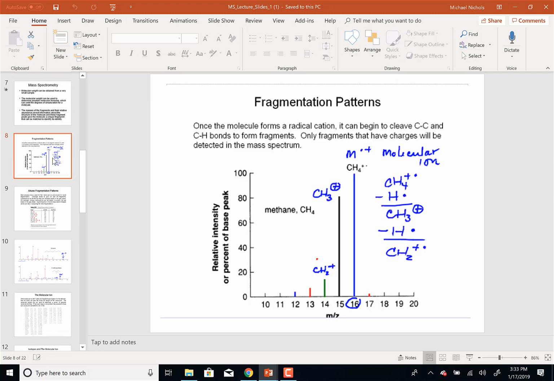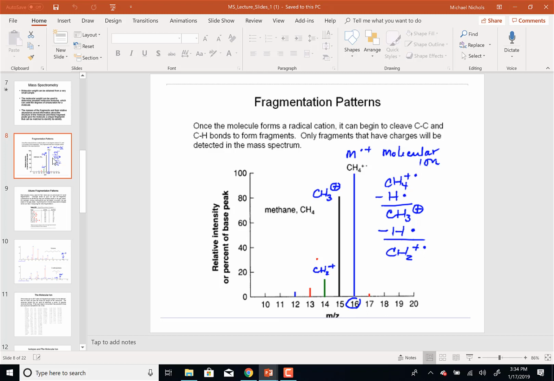spectrum, what's the peak at 17? Out of 100 molecules, it is the one that has a mass of 13. It's the carbon with a mass of 13. So if this is a carbon 13, 13 plus 4 is now 17.